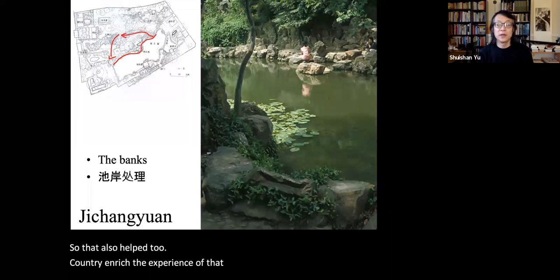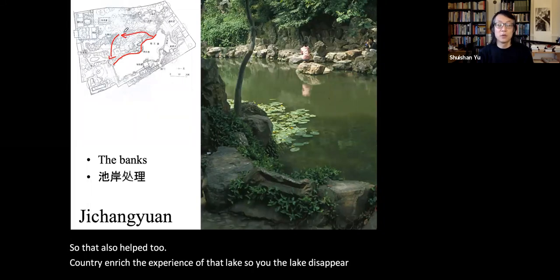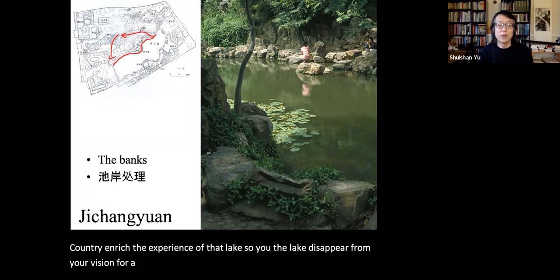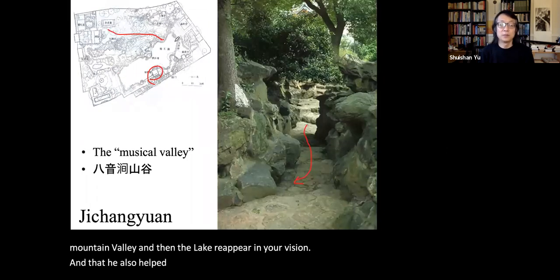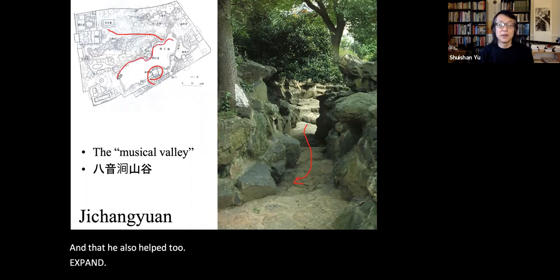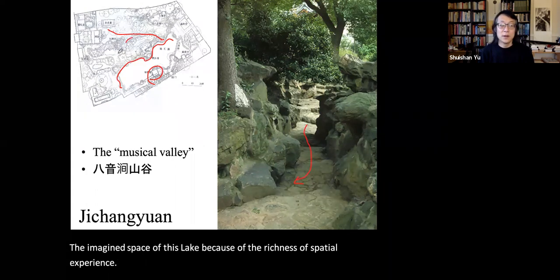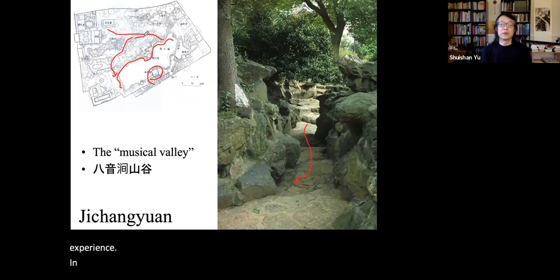So the lake disappears from your vision for a moment, and you feel you are passing through a mountain valley, and then the lake reappears in your vision. And that also helped to expand the imagined space of this lake because of the richness of spatial experience in traveling within the garden.